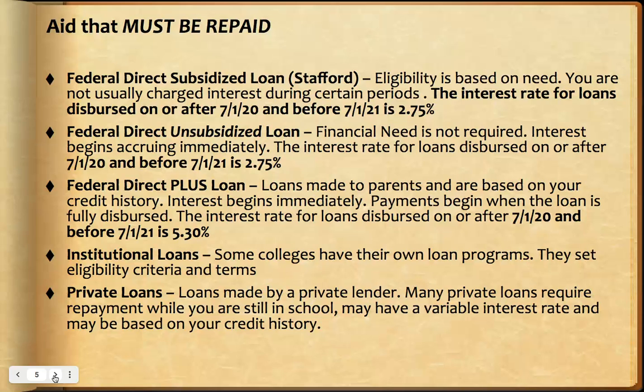So I've got to look at the pros and cons of that. Some colleges actually have their own money that they lend to students, and they set the eligibility criteria and the terms, meaning interest rate, repayment period, that kind of thing.